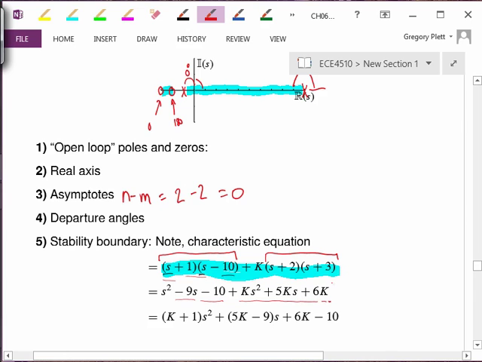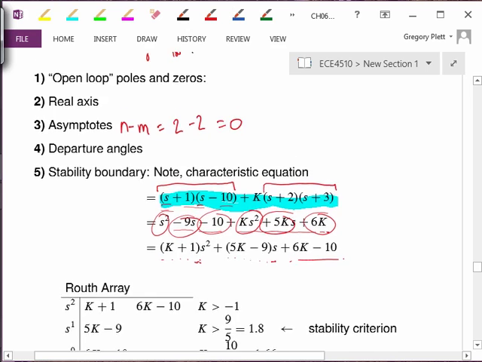Then collecting like terms, I've got 1s squared, and ks squared gives me k plus 1 s squared. I've got minus 9s plus 5ks, 5k minus 9 s. I've got minus 10 plus 6k, 6k minus 10. So everything's grouped. It's ready for putting into a Routh array.